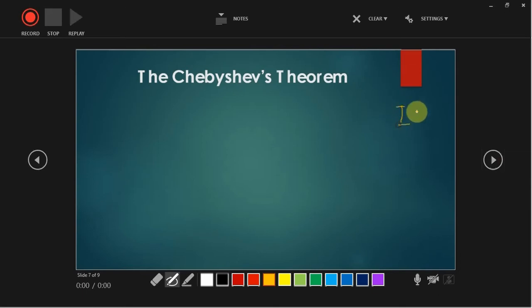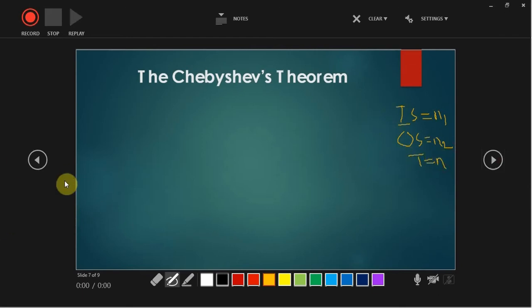So inside n1 observations, outside n2 observations, and the total n observations.